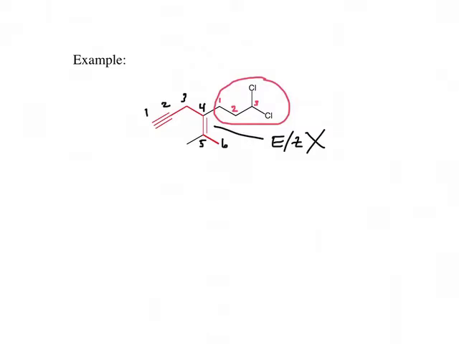So let's go ahead and name this thing. At number 4 on that parent chain, I have that big substituent, which would be 3,3-dichloropropyl.